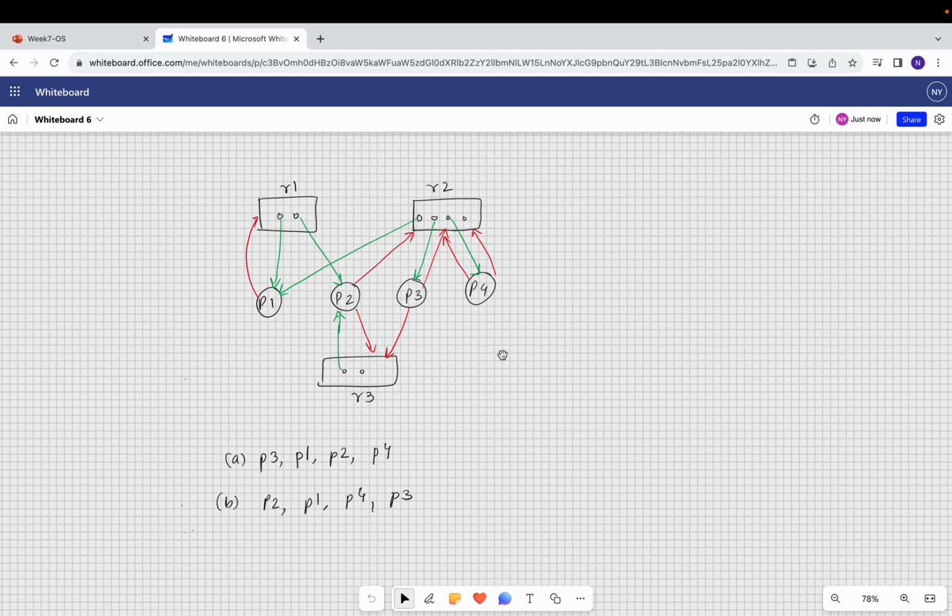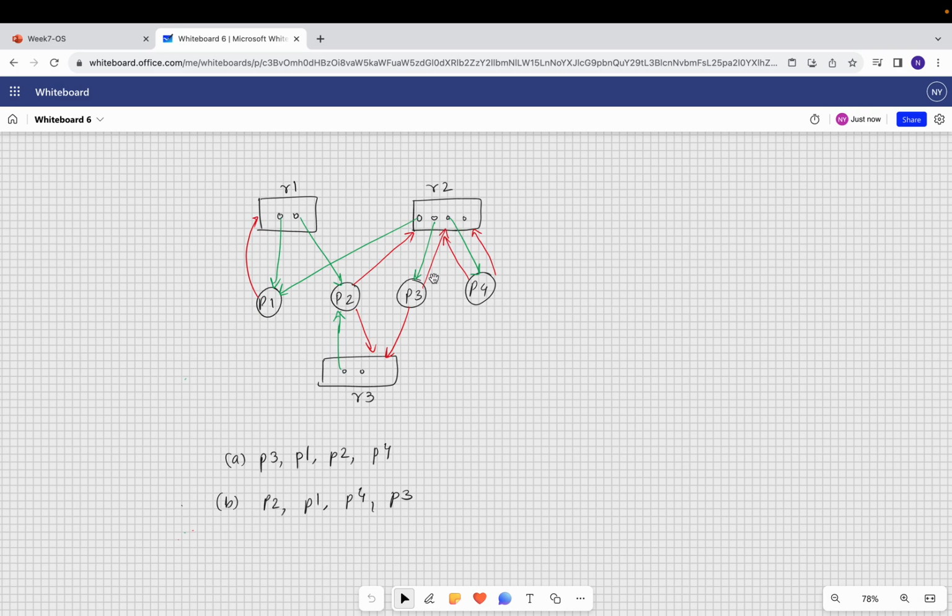Okay, so let us look at the first sequence and see if we can allocate the resources to all the processes without a deadlock with this sequence. So first the P3 process. If we allocate the resources to P3, can we do that? P3 here is requesting one unit of R3 and one unit of R2. So yes, we can do that.